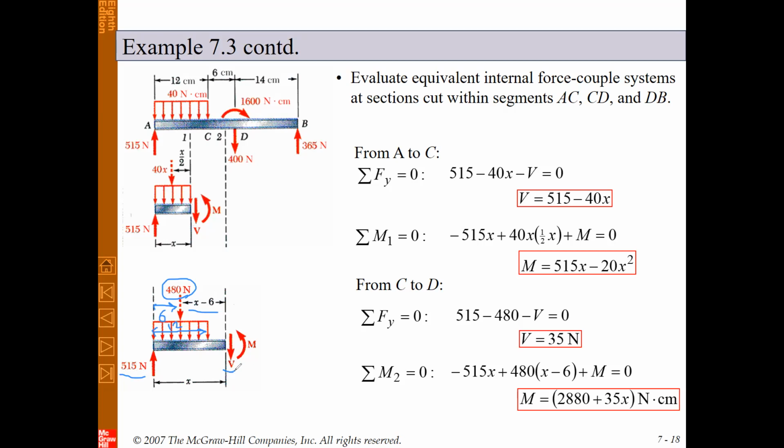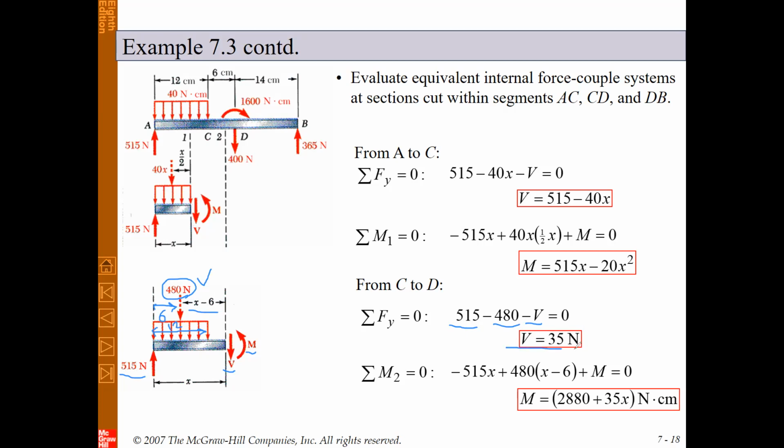We have the shear force and bending moment. Now we can write the force equation in y direction. We will have 515 Newton minus 480 Newton, this force, and minus v, it must be equal to 0. And you can conclude that v is equal to 35 Newton.